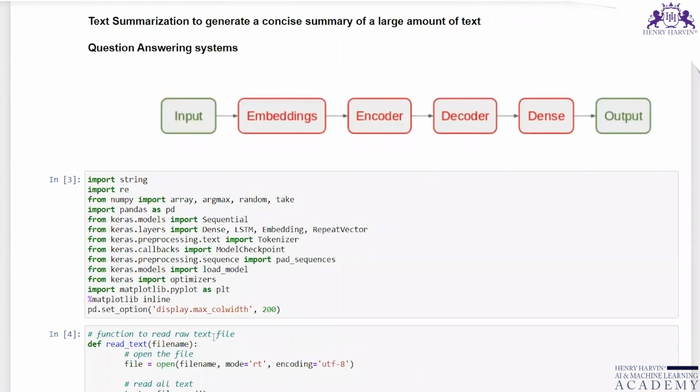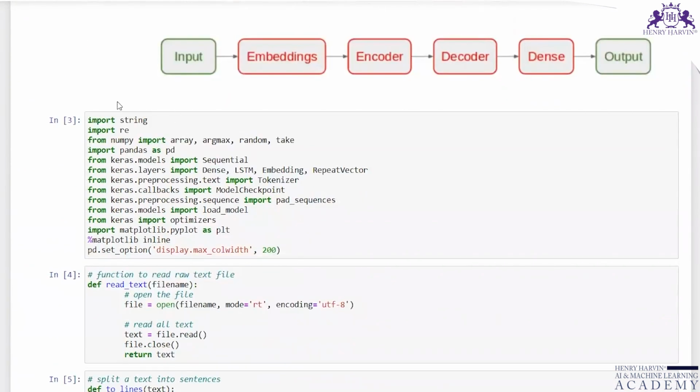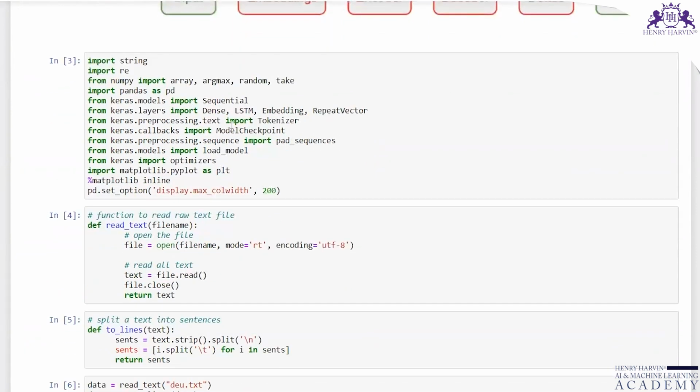Let us import all the required libraries. Import string, import re, from numpy import array, argmax, random, take, import pandas as pd, and from keras.models I'm importing Sequential. From keras.layers, I'm importing Dense, LSTM, Embedding, RepeatVector, and from keras.preprocessing.text, I'm importing Tokenizer.